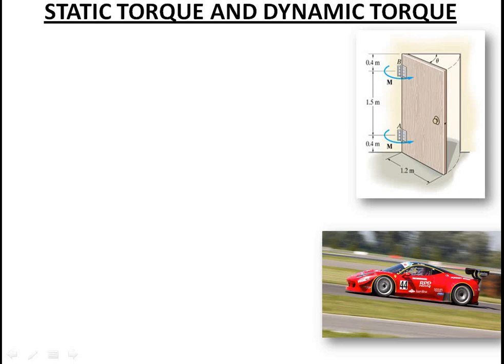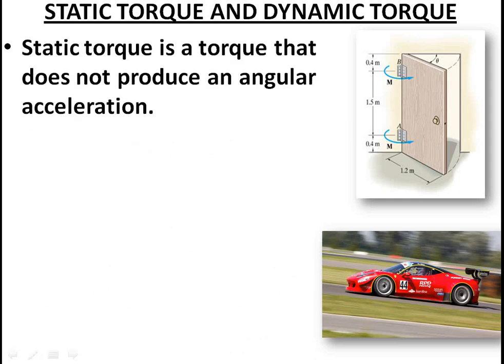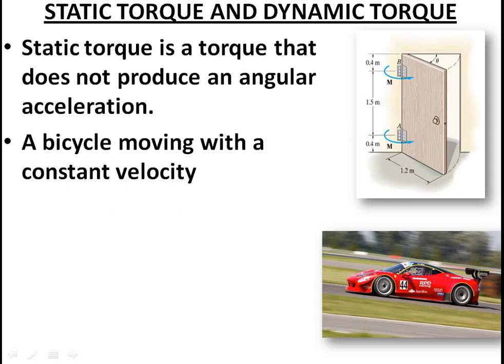Or when a fan is rotating with a constant angular velocity, we can say it experiences a constant, static torque. Understand? These are simple examples. Or when you are moving a bicycle with a constant velocity, that is an example of a static torque.